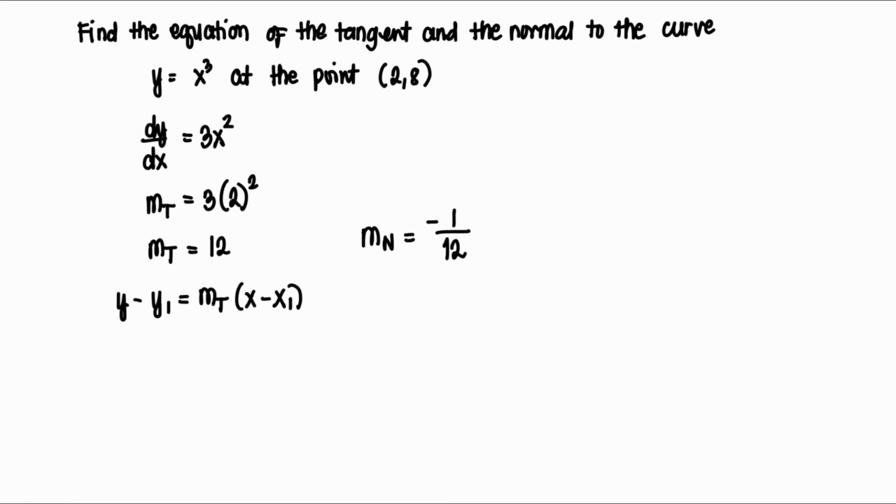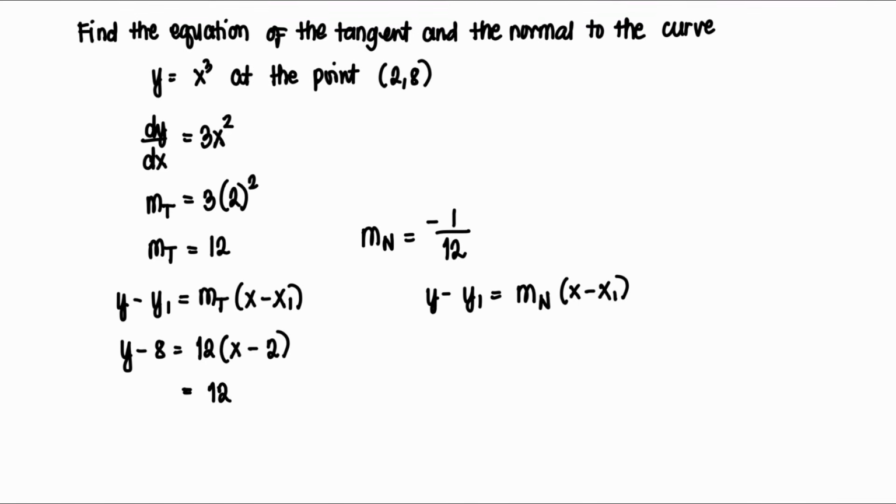So same here for the normal line, y minus y sub 1. The only difference is this time we're going to use the slope of the normal line times x minus x sub 1. So since we are given the point (2, 8) here, we can substitute these values to x sub 1 and y sub 1. So y minus 8 equals the slope 12 times x minus 2.